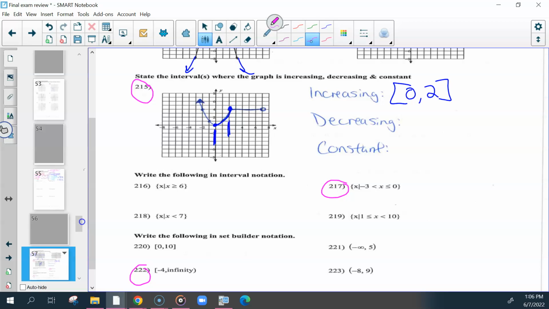Decreasing, same thing when your x's are moving forward, but now your y values are going down. And here it does that, but it starts somewhere out here. So left to right, this starts decreasing somewhere at negative infinity. And it ends at 0.